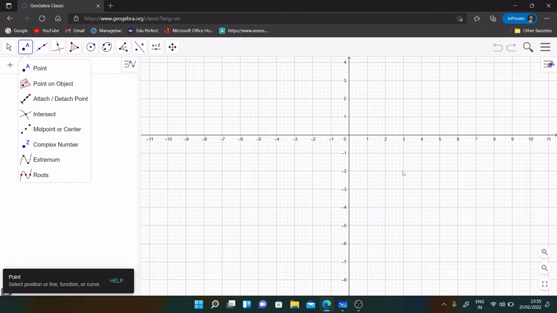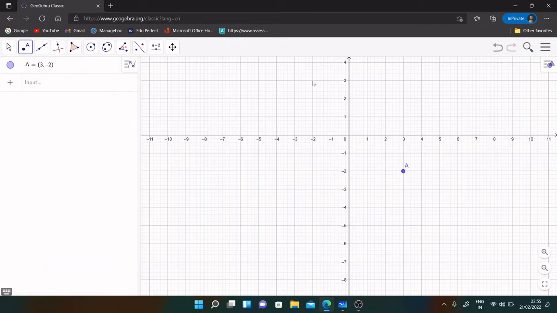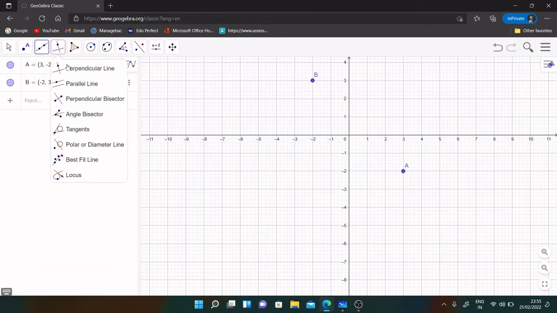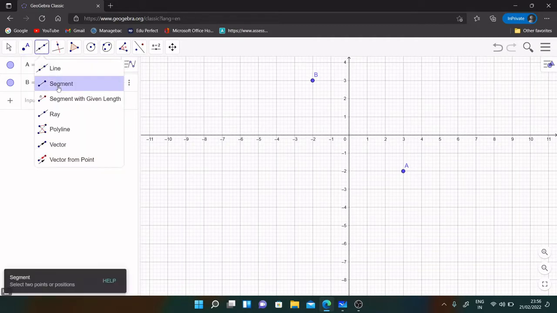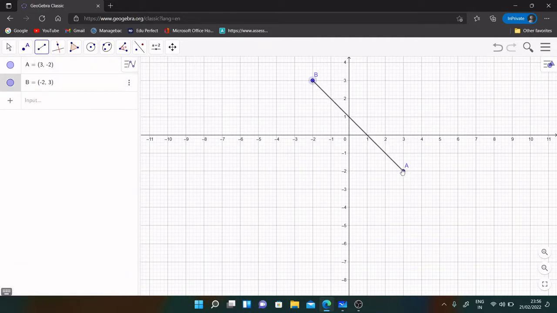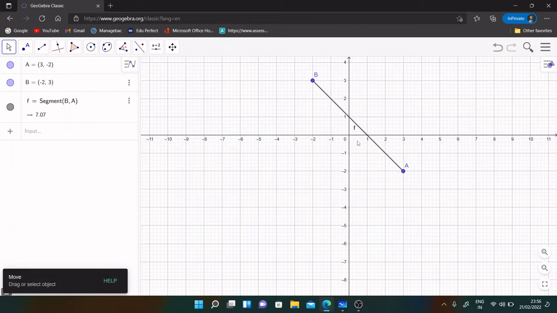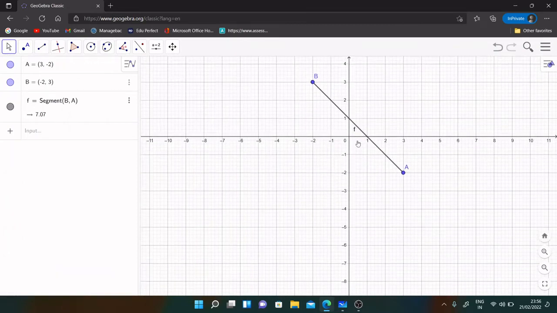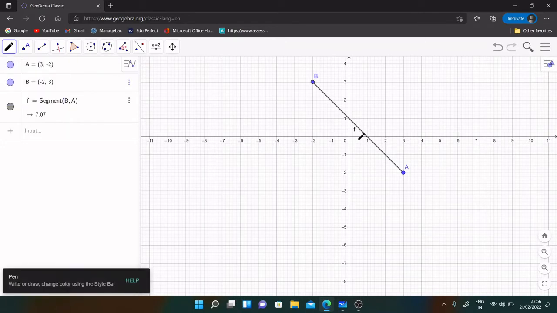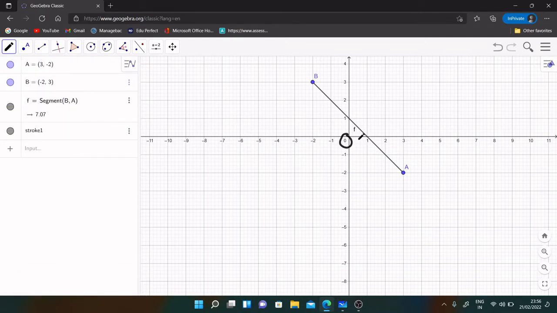Suppose you have a point right here and you have a point over here. Let's connect them through a segment. What do you notice here? We previously discussed that at 0, 0, these two axes intersect.